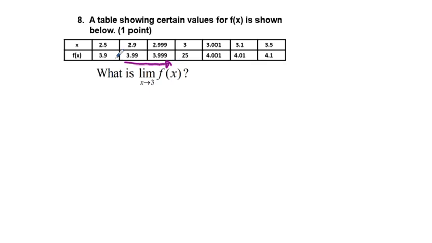Well, we have 3.9, 3.99, 3.999. We're approaching 4 from the left side. And from the right side, we have 4.1, 4.01, 4.001. We're also approaching 4. And so our answer to this question is 4.